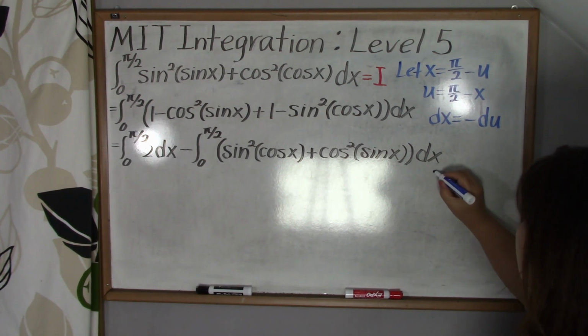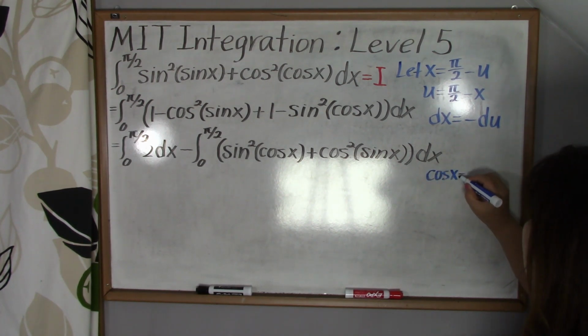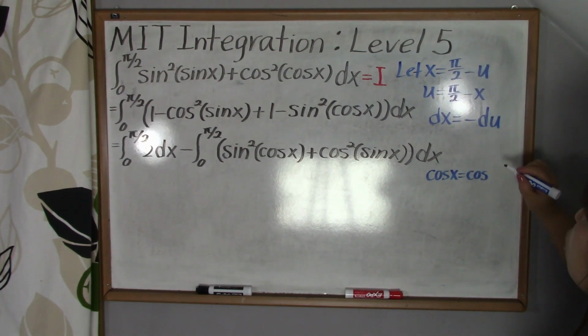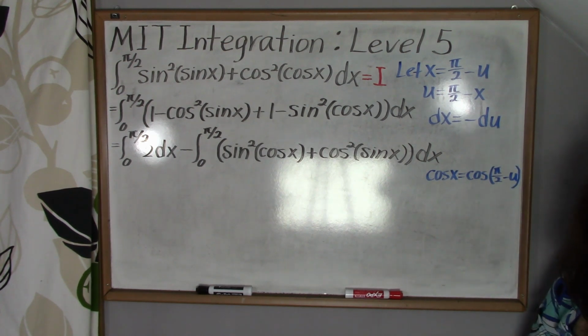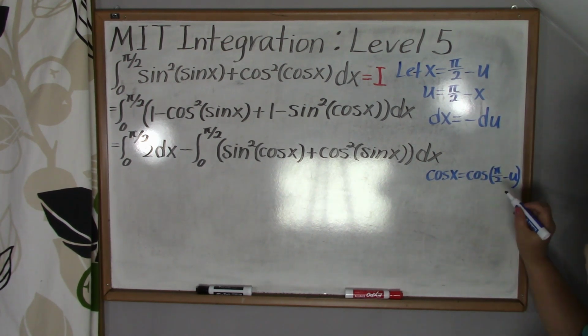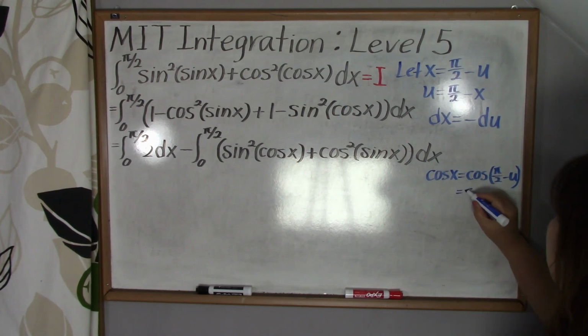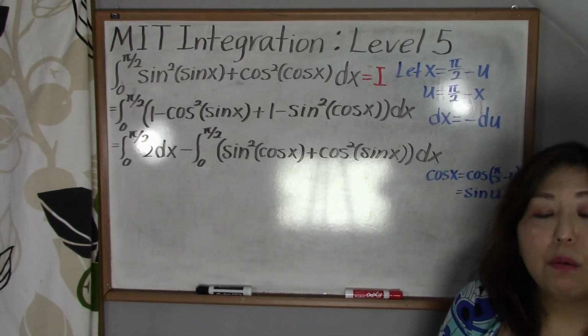First of all, cosine of x is equal to cosine of pi over 2 minus u, since x is pi over 2 minus u. And cosine of pi over 2 minus u is equal to sine of u. Right?